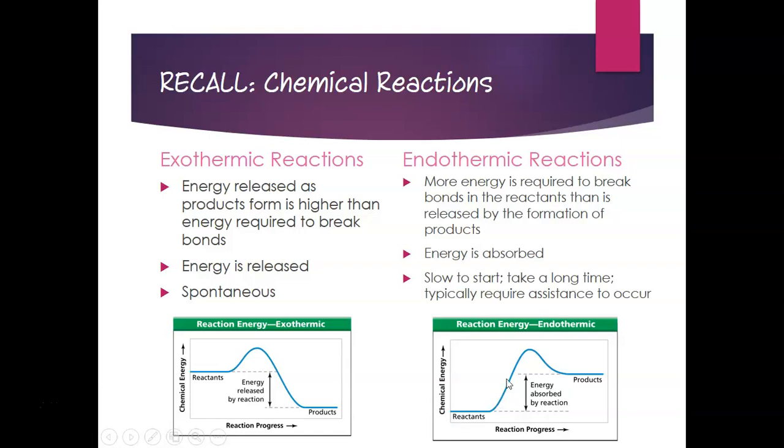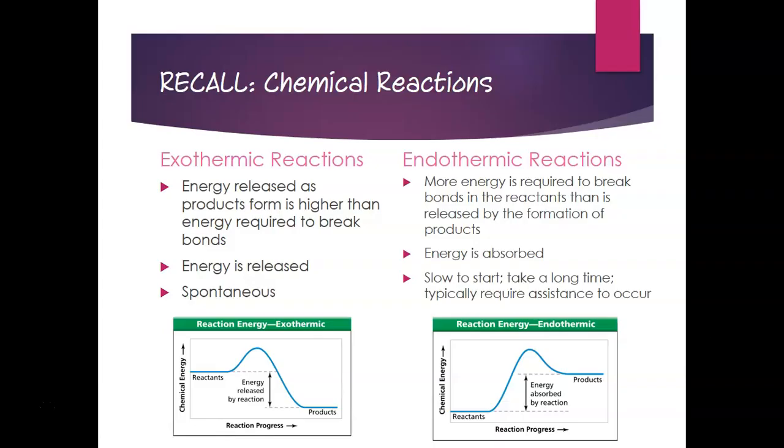Flip side to that are your endothermic reactions, right? So here are my reactants. Here's this huge hump of activation energy that I need to get over, and I only get this little bit off as a payoff in my products, and so overall I have to net inputting more energy than I get out, so energy is absorbed as opposed to released.